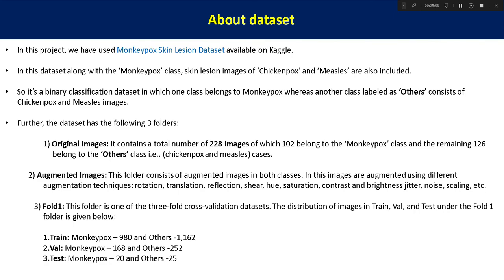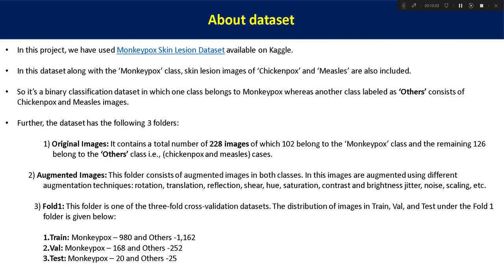So in this data set, along with monkeypox images, you may also find other disease images like chickenpox and measles. But it's a binary classification data set in which one class belongs to monkeypox, whereas the other class is labeled as others, and it may consist of other diseases like smallpox, chickenpox, and measles.